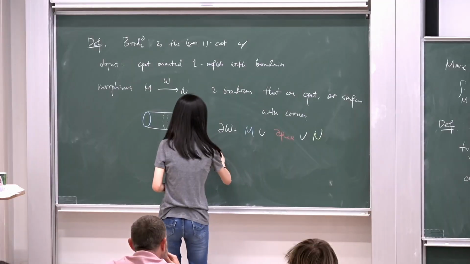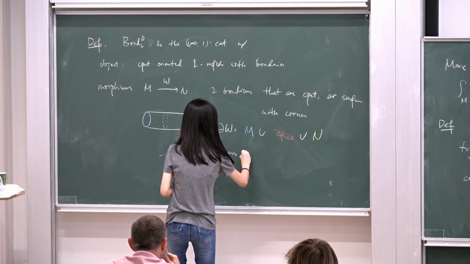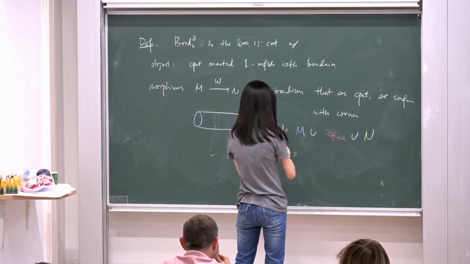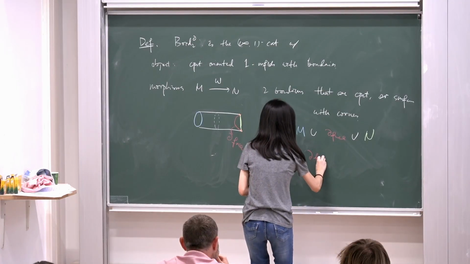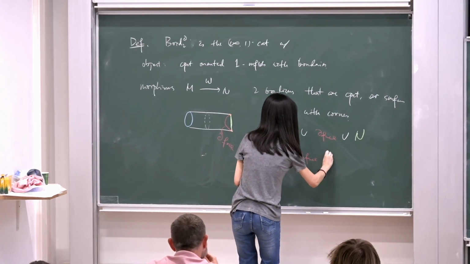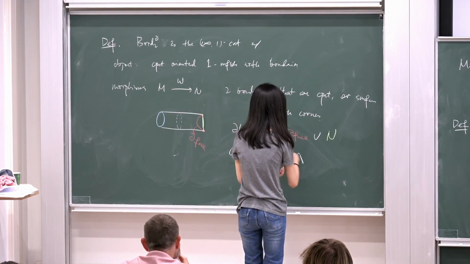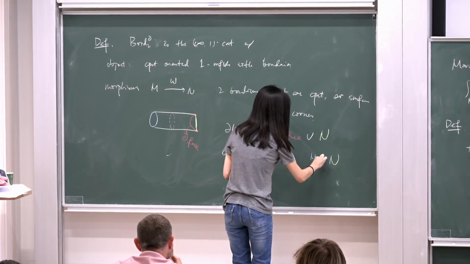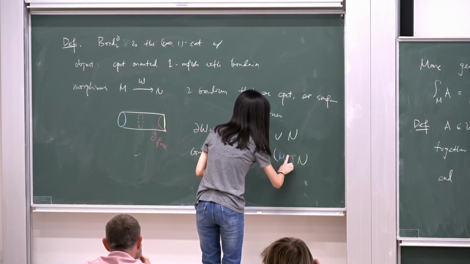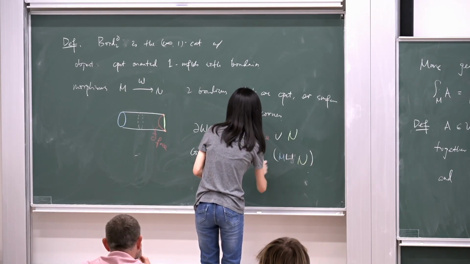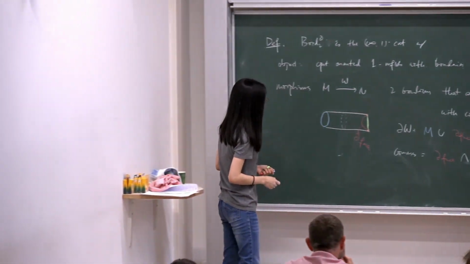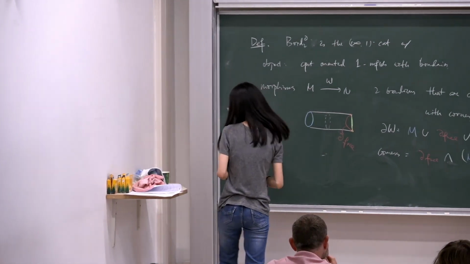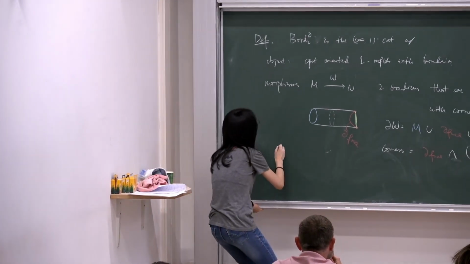And furthermore, the corners can only be the intersection of the free boundary with the union of my incoming and outgoing boundary. So yeah, there's some singularity, but it's not too bad. And this really is a disjoint union. So a bordism here is just such an object.